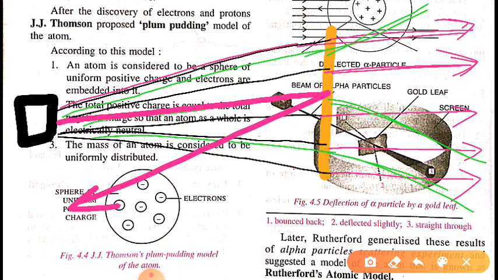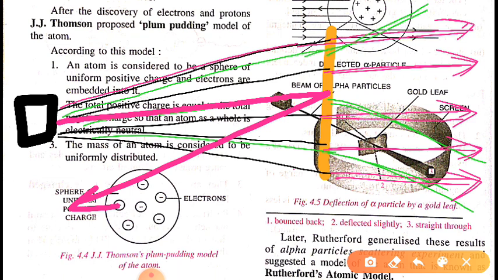They travel straight without any deviation, right? That is why he concluded that most of the atom consists of large empty space, and that is why most of the alpha particles pass through the metal foil without any deviation from their path.